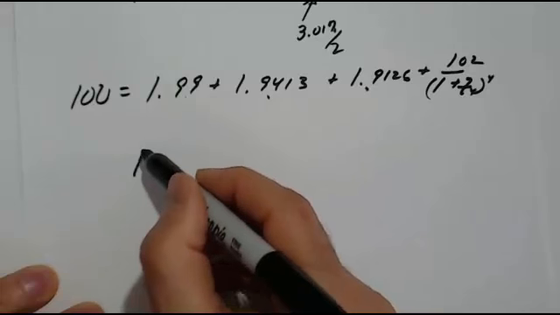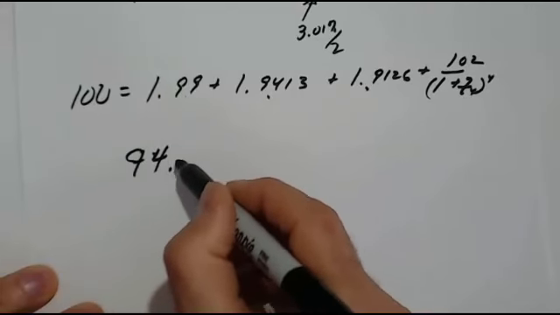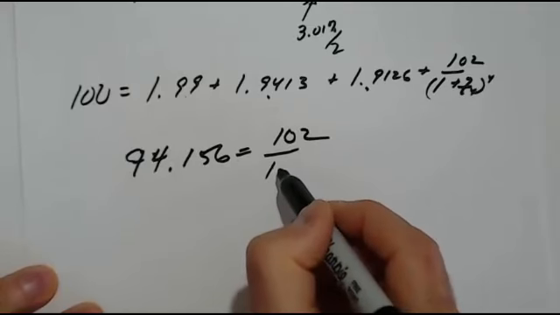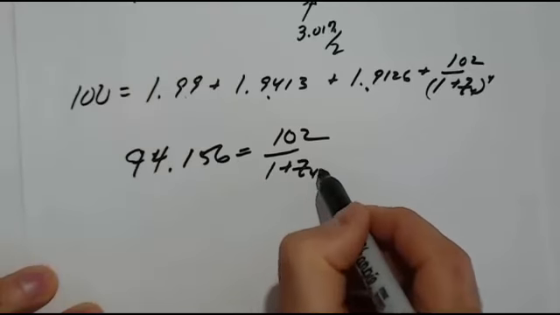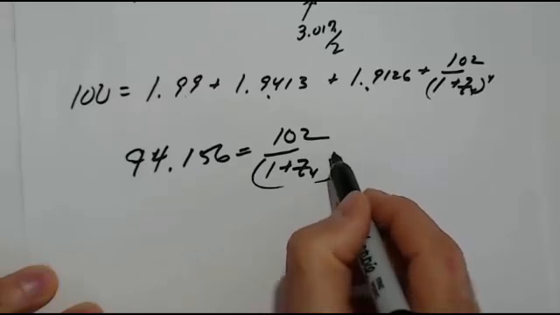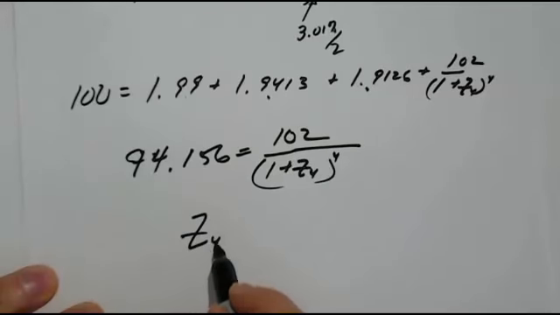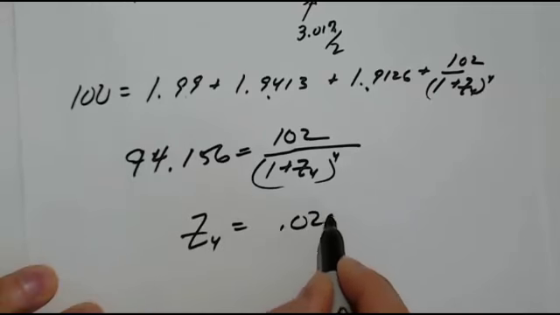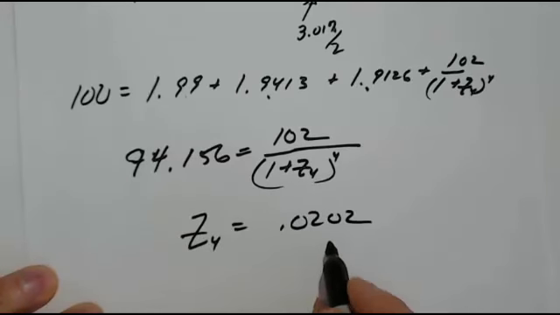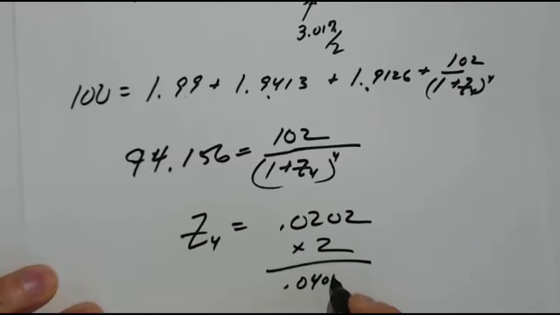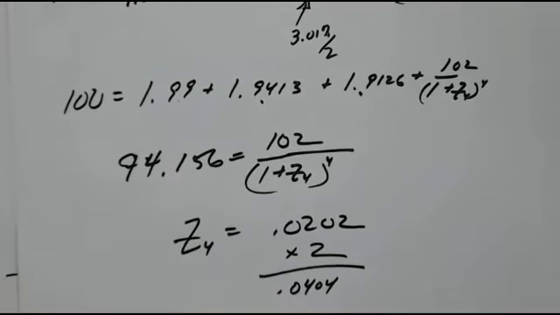So this comes out to be 94.156 equals 102 over 1 plus Z4 to the fourth power. And so calculate Z4. Z4 equals 0.0202, which is on a semi-annual basis, multiplied by 2, put it on an annual basis, and there we have it.